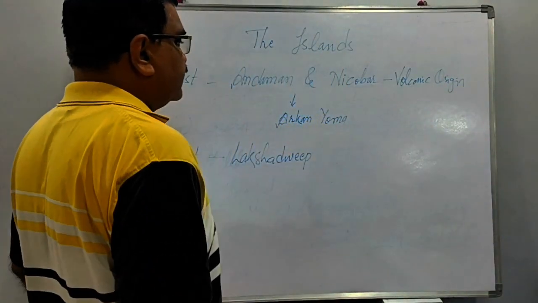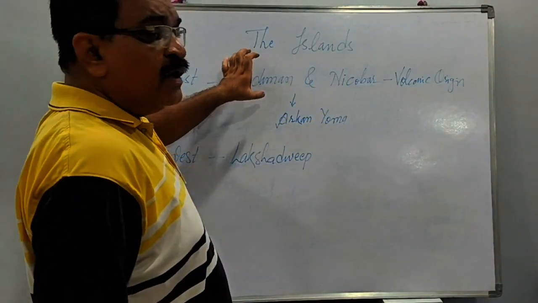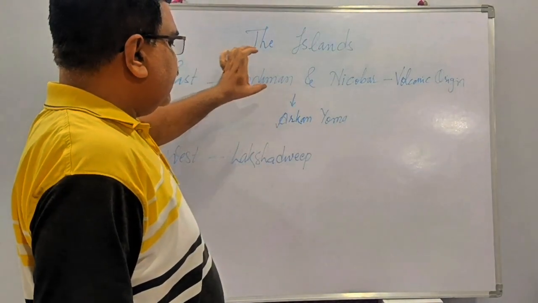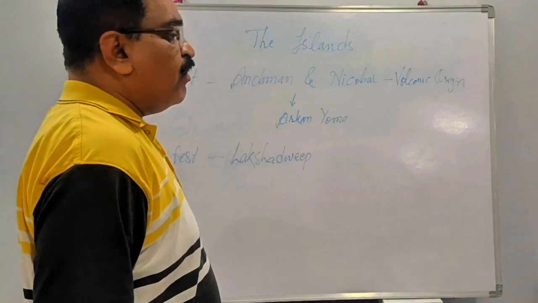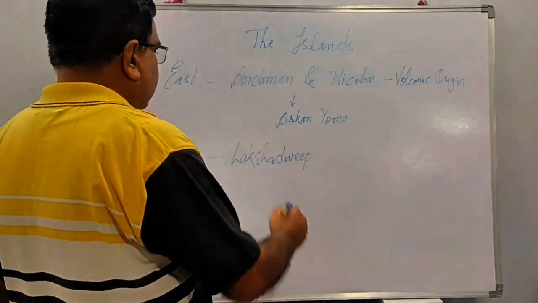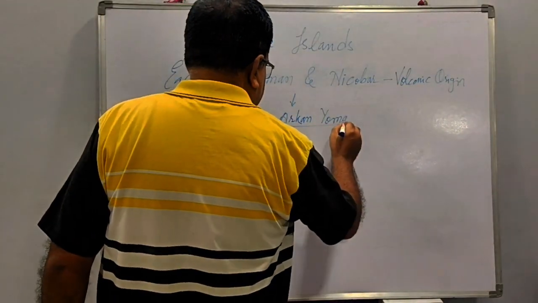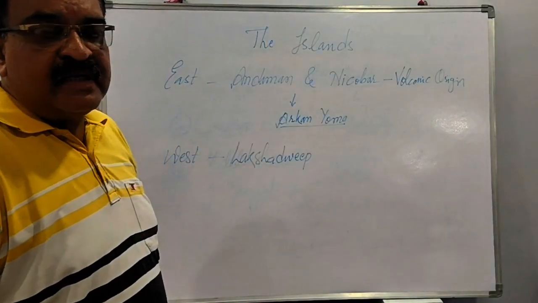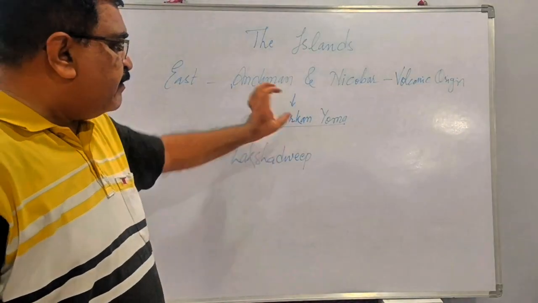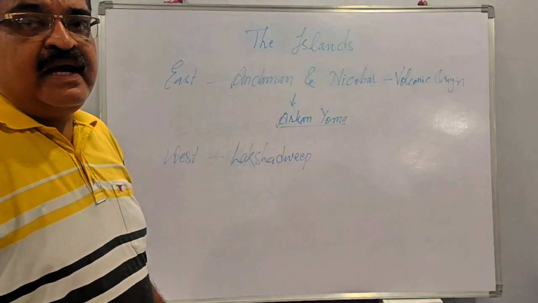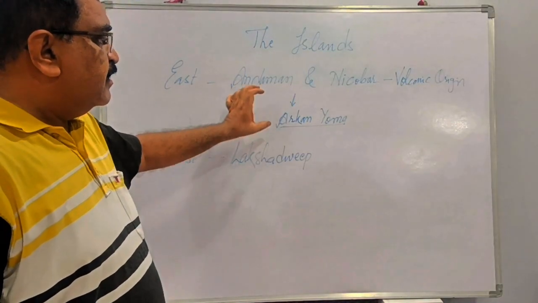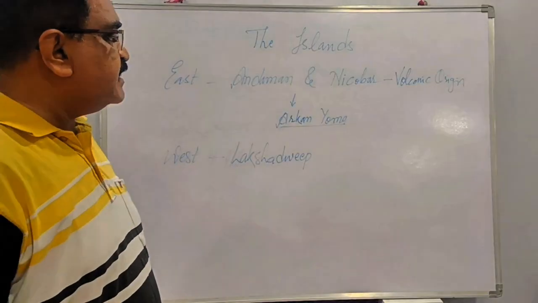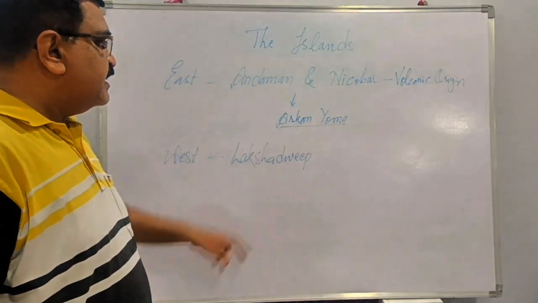Volcanic origin means that inside the sea, when there was a volcanic eruption, at that time the Andaman and Nicobar Islands were formed. These islands extend from the Arakan Yoma mountain range from the Myanmar region. The last point of the Nicobar Island, Indira Point, is not visible now.